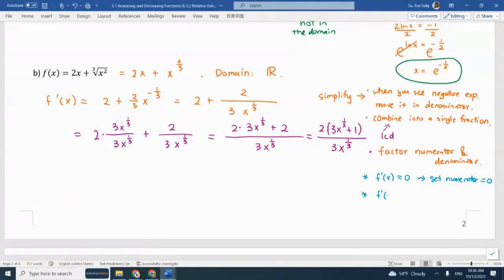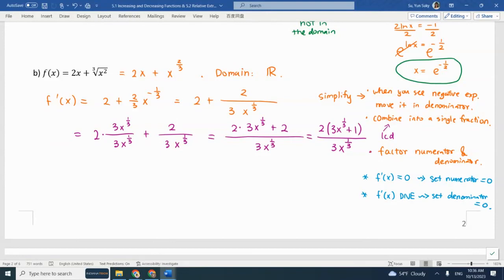If you want to find the x such that the derivative does not exist, then you need to set the denominator equal to 0. Does this make sense? If your numerator is 0, then 0 over anything is 0. Your derivative does not exist because your denominator is 0. Something over 0 is not defined.